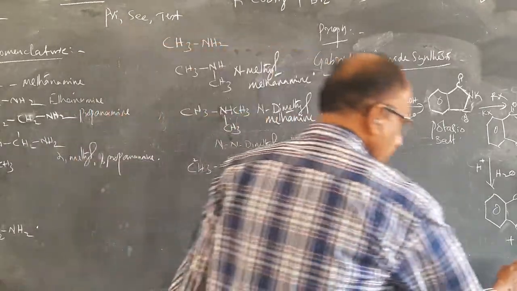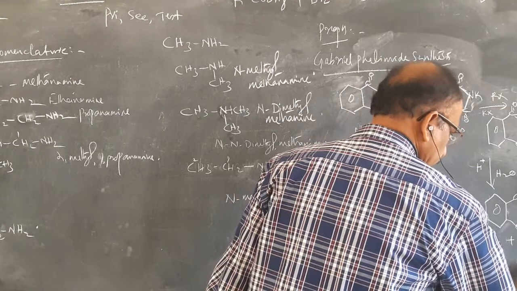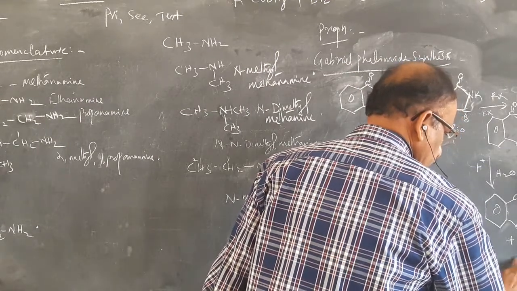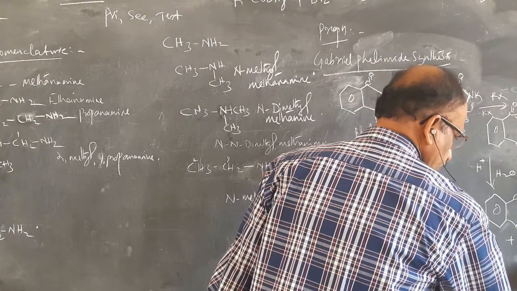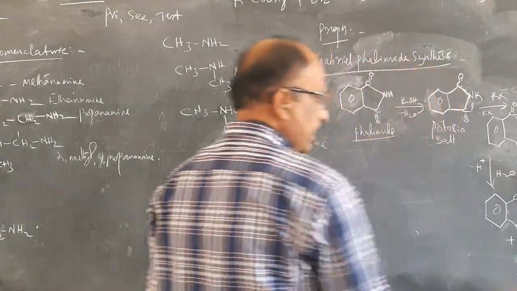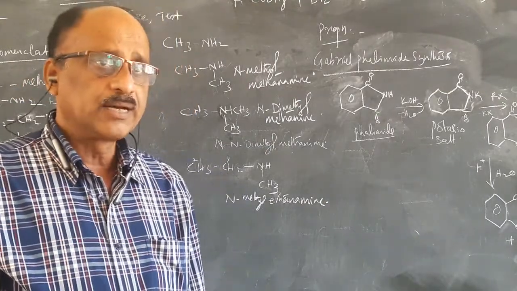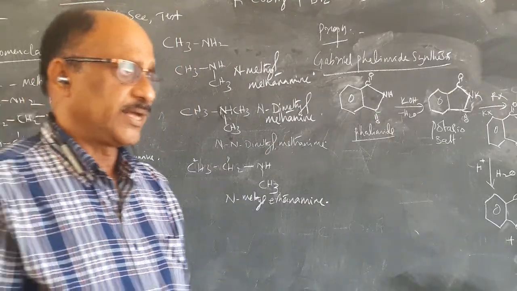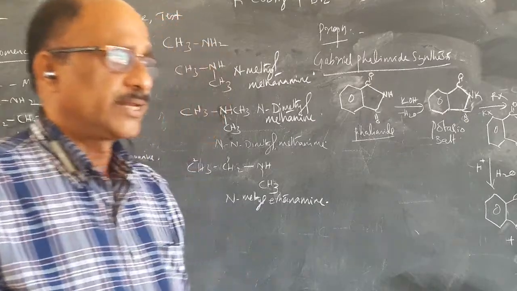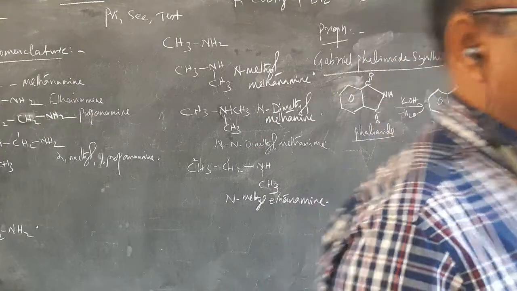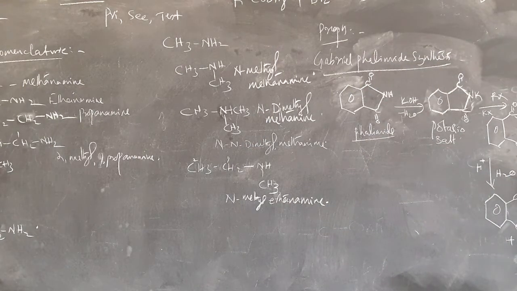So primary amines can be prepared by Gabriel phthalimide synthesis. That is the first reaction. I will show the reaction once again with the help of the camera, and you can see the other reaction also.